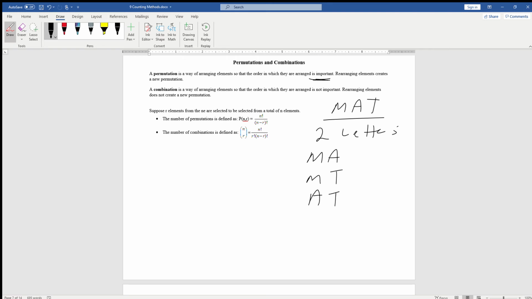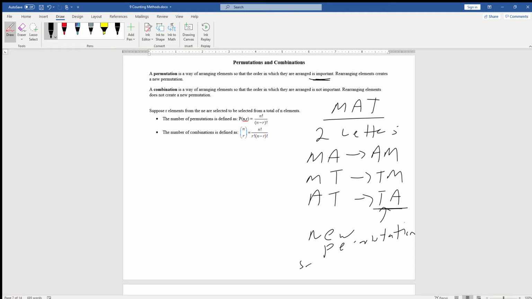If I were to flip those letters, let's say I reverse them and just flip them all, this would be a new permutation. So all three of these are new permutations.